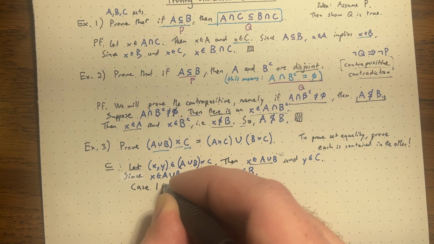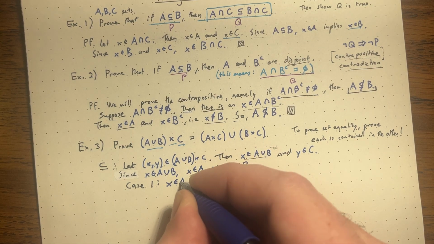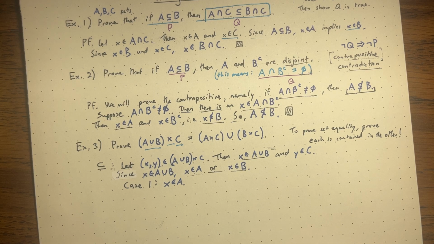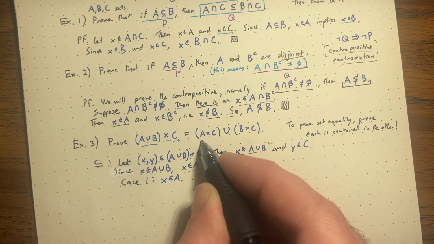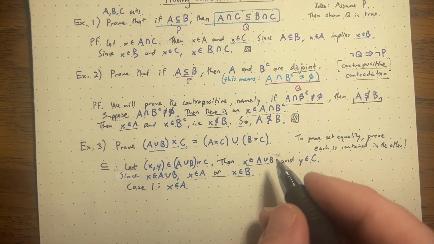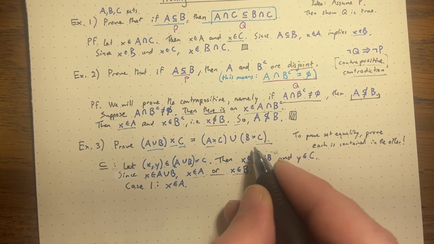So case one, X might be in A. X is in A. Let's think about our goal now, because I'm not quite sure where to go next. If X is in A, we want to prove it's in here.